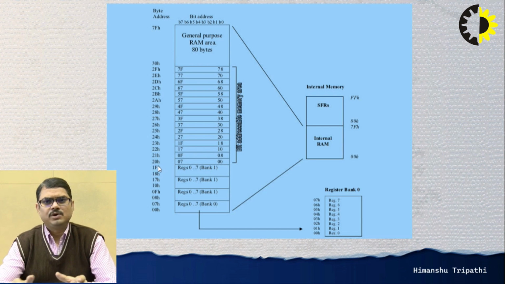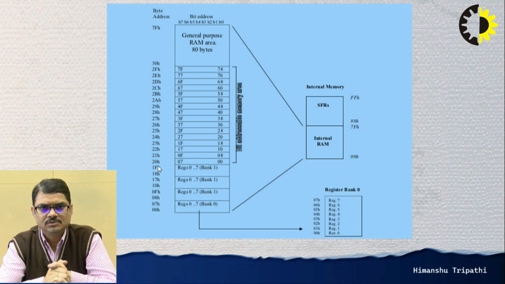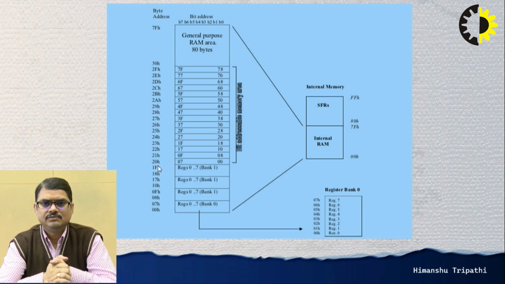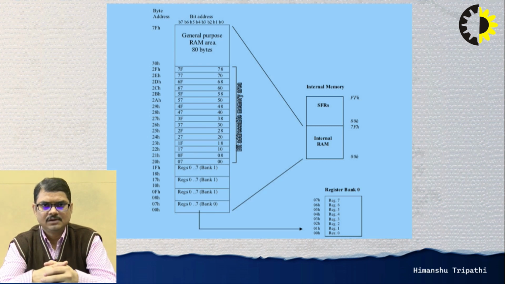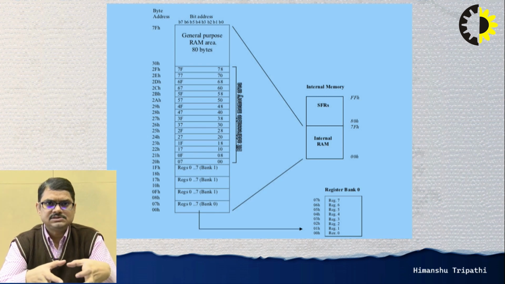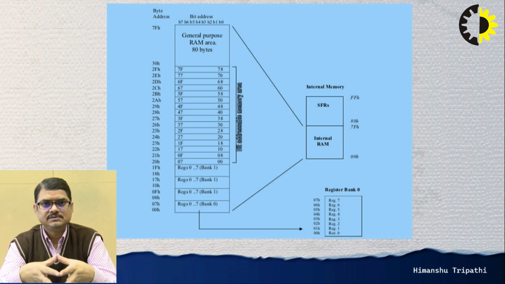The interesting point about the 8051 microcontroller is that we have 4 register banks, known as memory bank 0, 1, 2 and 3. In all of these memory banks, we have 8 registers. The company has provided a name to each register.